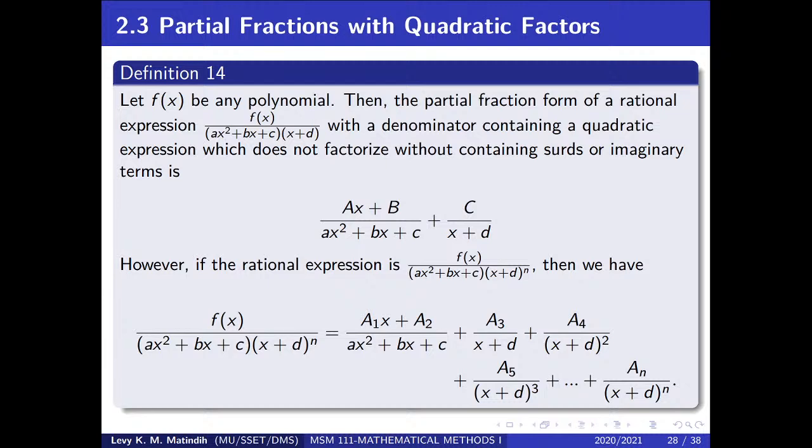You can write this as (a1x + a2) divided by (ax² + bx + c), plus a3 divided by (x + d), plus a4 divided by (x + d)², plus a5 divided by (x + d)³, up to an divided by (x + d)^n.